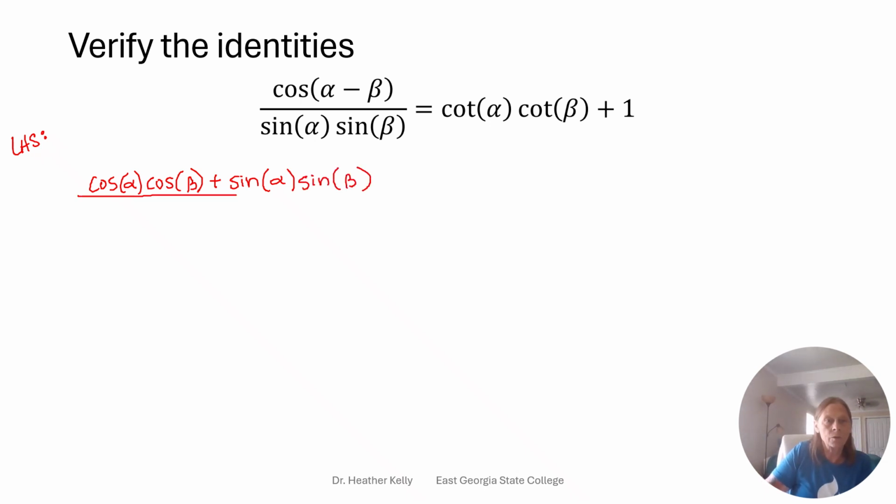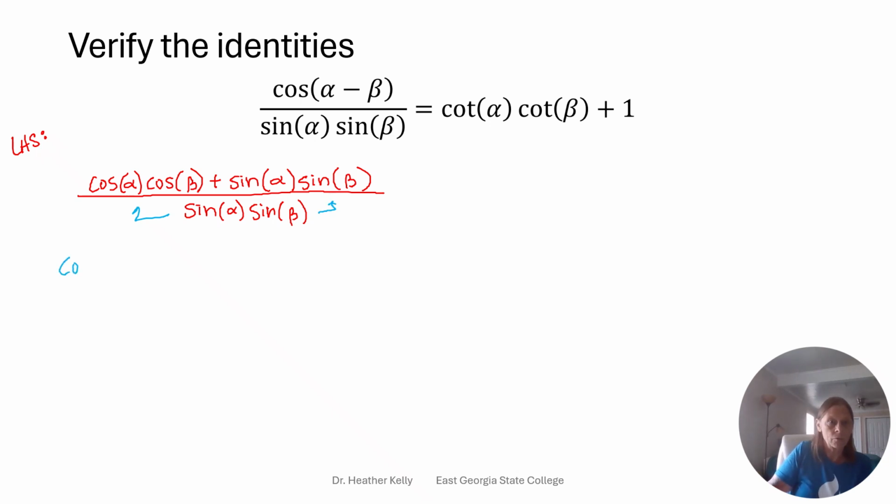That's all over this denominator, which is sine alpha, sine beta. Let's see what we can do with it on this side here. Okay, now do not think that you can cancel these guys. These two don't cancel. This denominator is involved with a bunch of stuff on the numerator, so I'm just going to split them.